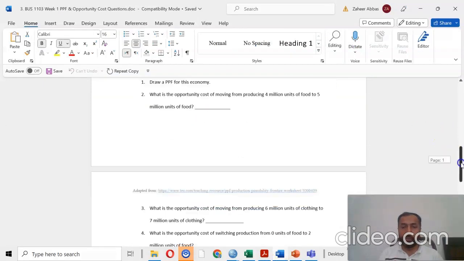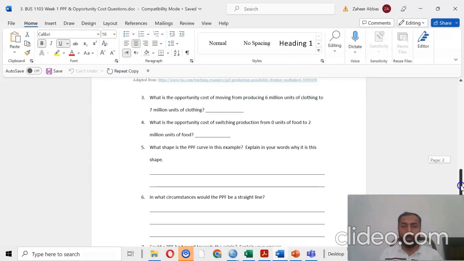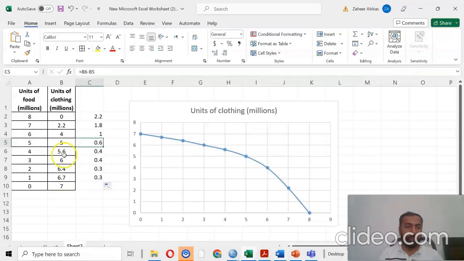The next question is, what is the opportunity cost of moving from 6 million units of clothing to 7 million units of clothing? So go to Excel again. To increase the production of clothing from 6 to 7 million, we have to decrease the production of food from 3 million to 0.